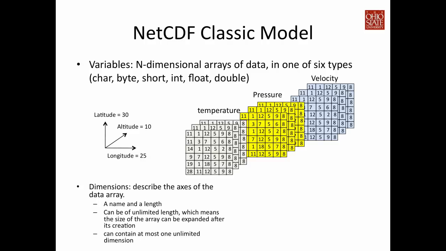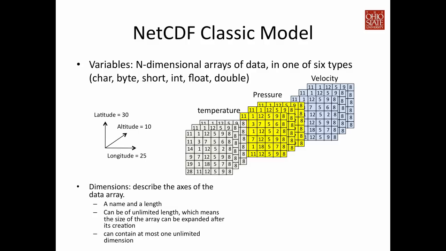Now for the data arrays, you have to store the length of the dimensions. For example, here we have longitude, altitude, and latitude, and the lengths are 25, 10, and 30. So you need to store that information in the file. So essentially, the dimensions describe the axes of the data array. Each dimension has a name and also a length.